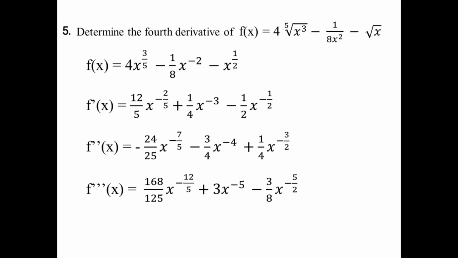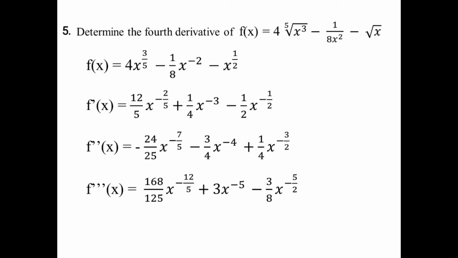Plus our second term, the 3 over 4 x raised to negative 4. The negative 4 times negative 3/4 is positive 3. And then x raised to negative 4 minus 1 will be x raised to negative 5.